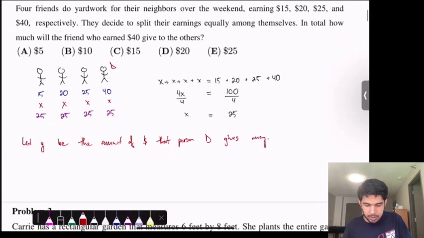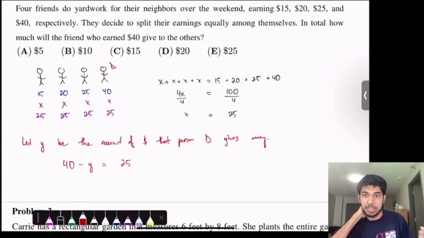So the person starts with $40 and they need to reach $25. And they're giving away some quantity of money. So we are removing money from them. So we're going to subtract out the amount of money that the person is giving away, right?